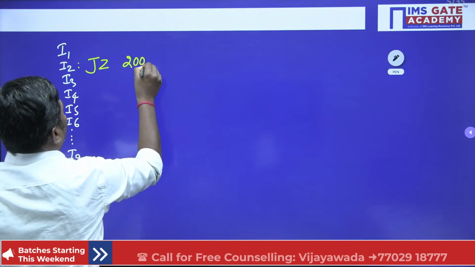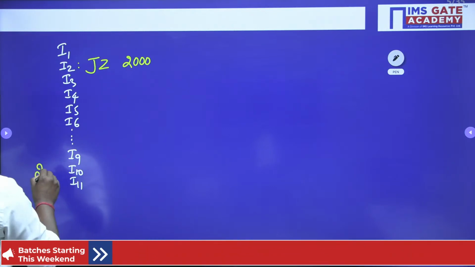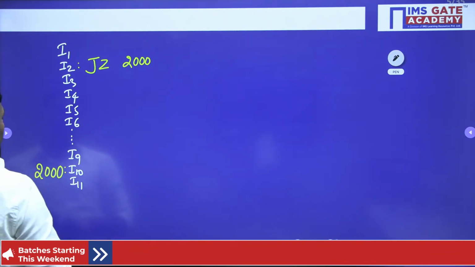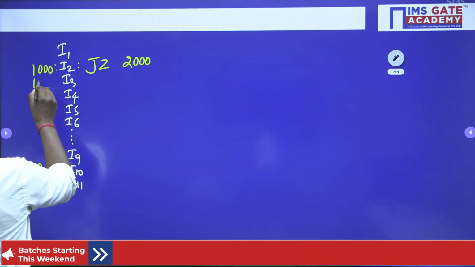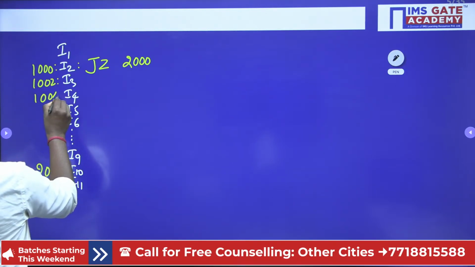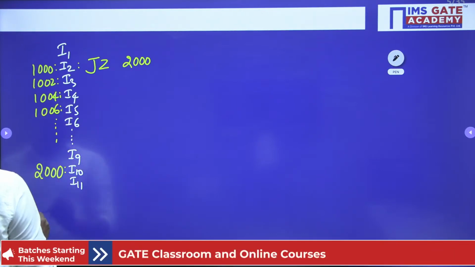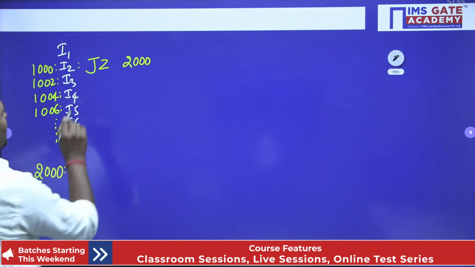Assume the target address is 2000, and the instruction addresses start at 1000. Let's take each as a 2-byte instruction, so 1000, 1002, 1004, 1006, like this. The target instruction is at 2000.